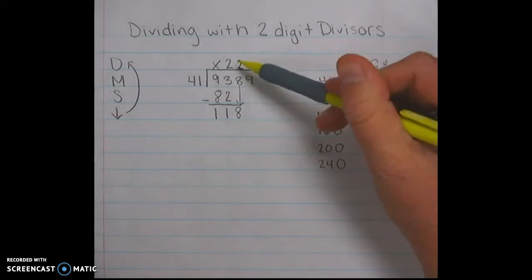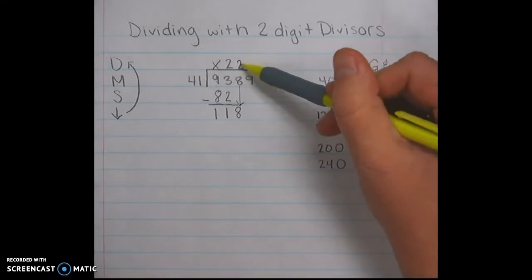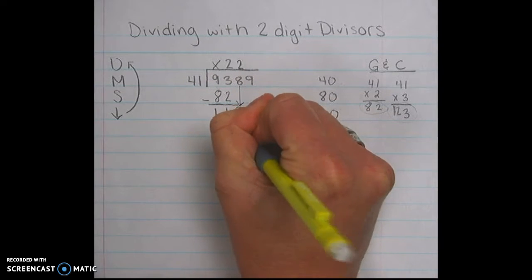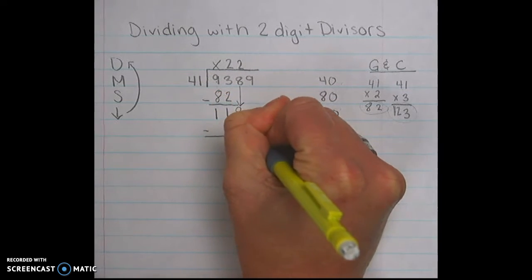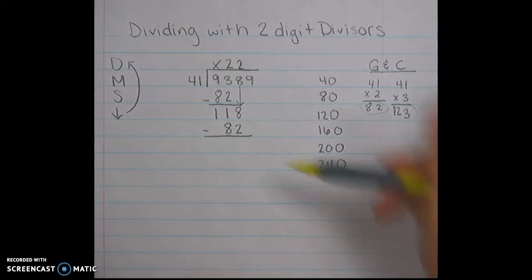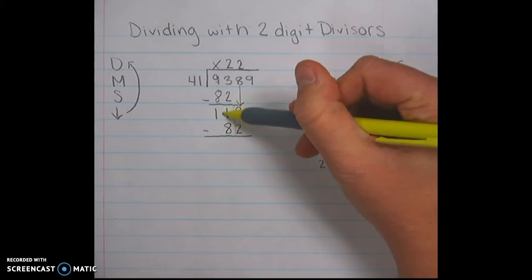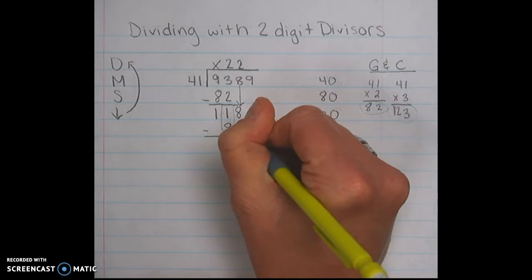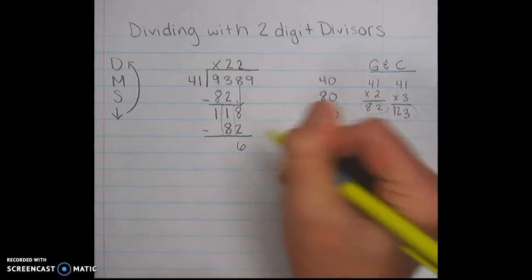And we already know, because we did the math already, that 2 times 41 is 82. I want you to notice that I have this lined up very carefully. My ones place is lined up, my tens place, because now I need to subtract, and I need to make sure that I do that very carefully. So 8 minus 2 is 6.